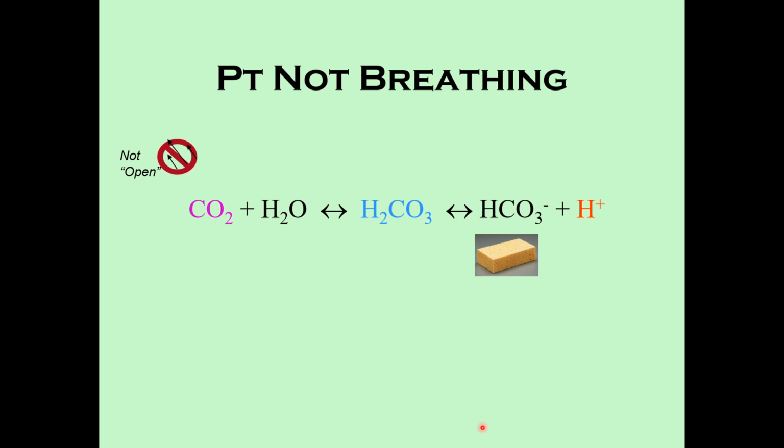It's going to be increasing, right? So it would, hang on one second, let me get my pen up here. Remember I said it's all about the H. And so the hydrogen ion in this case will be increasing. The patient will be becoming more acidic.